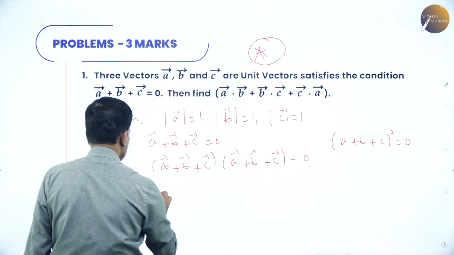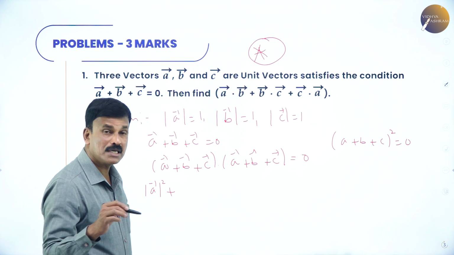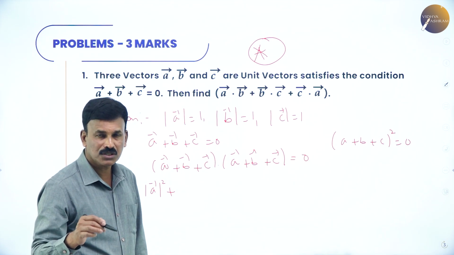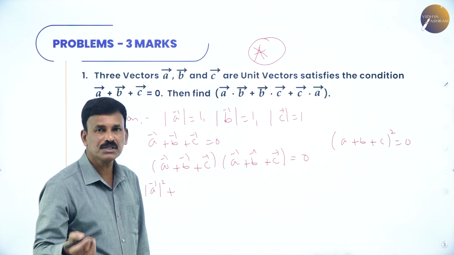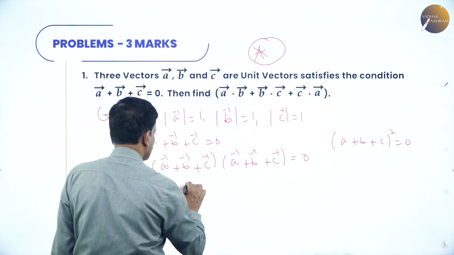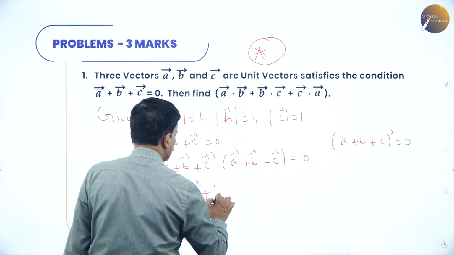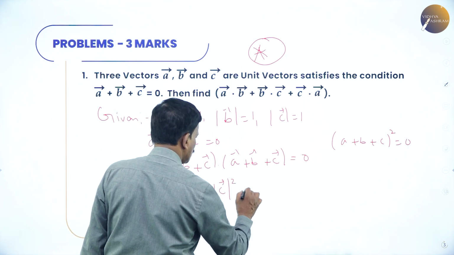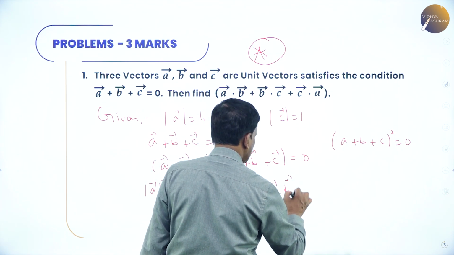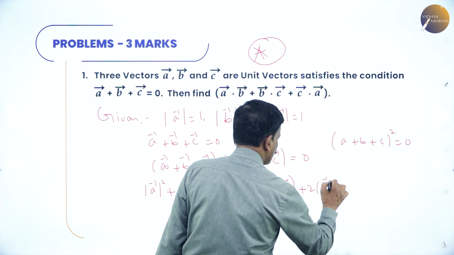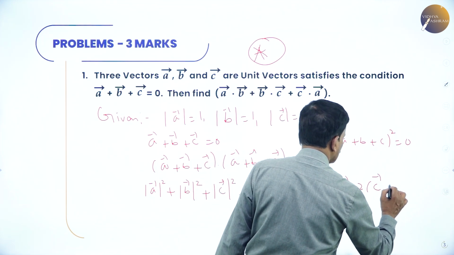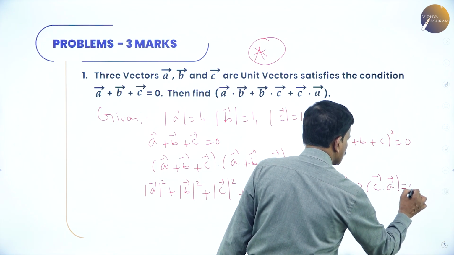This is of the form (A plus B plus C) whole square, so we can use A square plus B square plus C square plus 2AB plus 2BC plus 2CA. That is nothing but the length of A square plus the length of vector B square plus the length of vector C square plus 2 times vector A dot B plus 2 times vector B dot C plus 2 times vector C dot A is equal to 0.